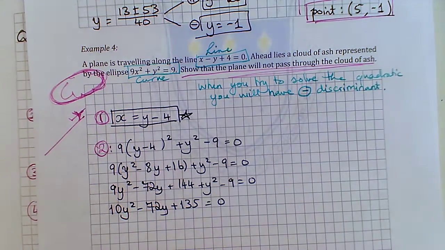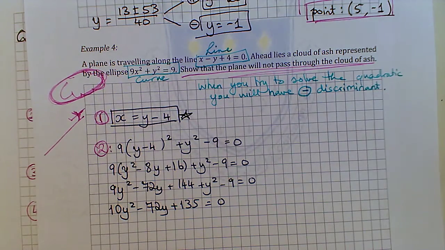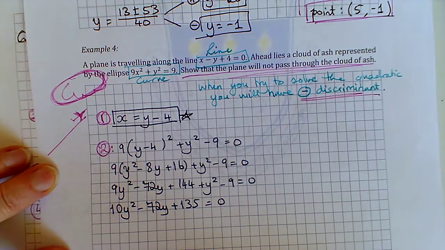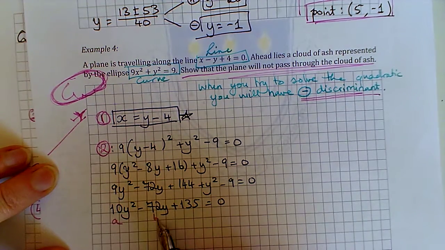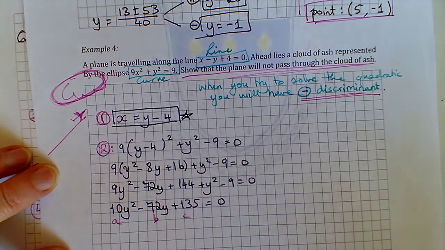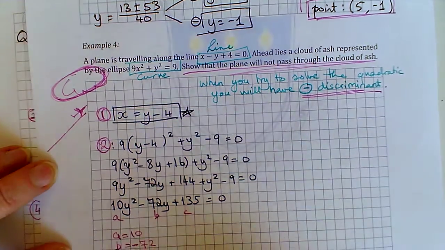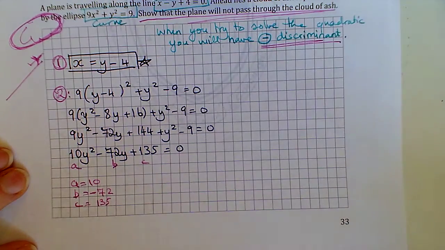Now I don't need to solve this because I'm already expecting that it's not going to have solutions. So all I have to do is examine the discriminant. A is 10, B is minus 72, and C is 135. Sorry, that went off the screen.